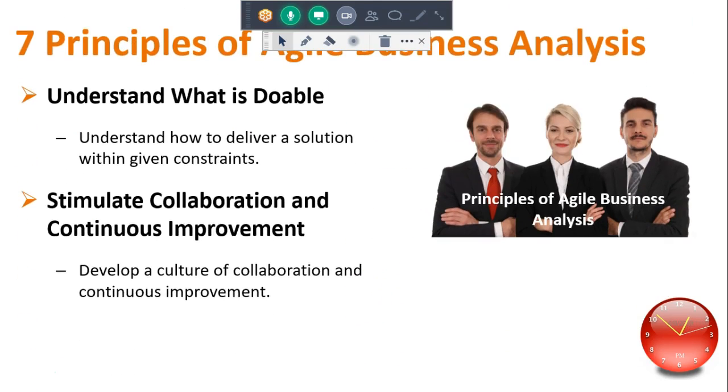Understand what is doable. Accept your limitations. A project team has only so many resources, has only so many capabilities. I can remember a fight that I had with the vice president of software development that I was working for. We had a bunch of directors on the development team, and we were talking about projects.